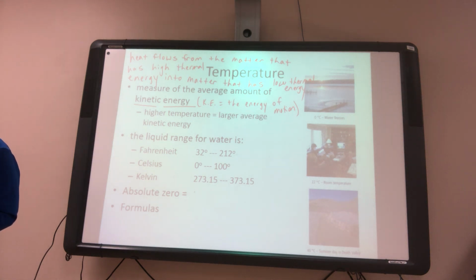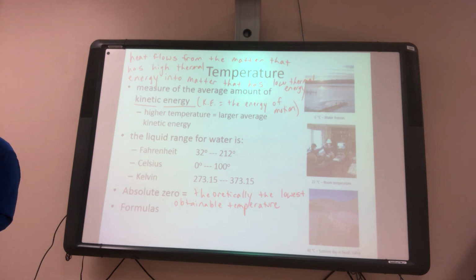So absolute 0 is theoretically the lowest obtainable temperature. Okay, so this is theoretically the lowest obtainable temperature.